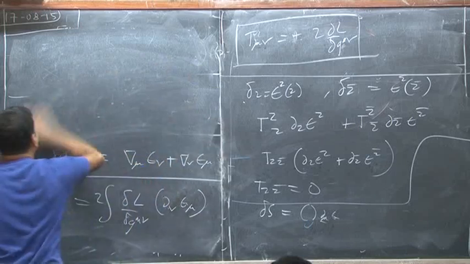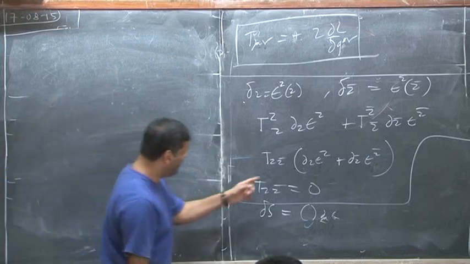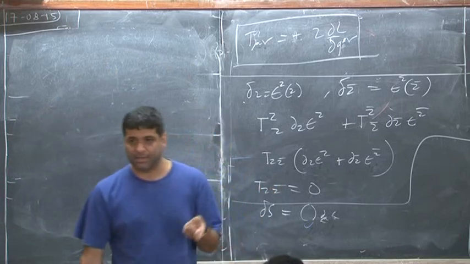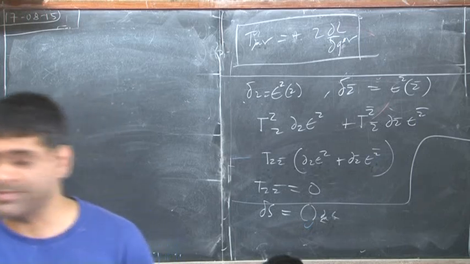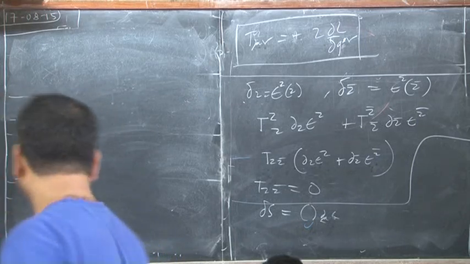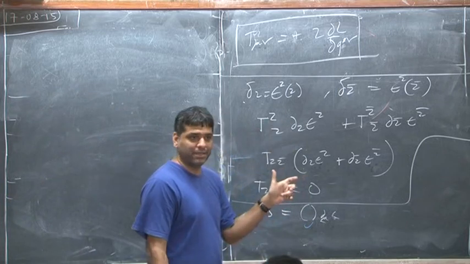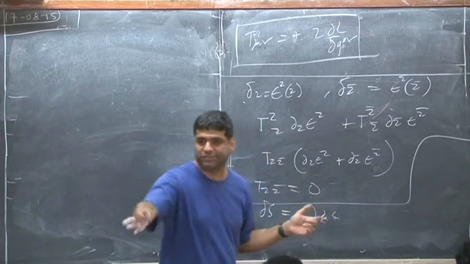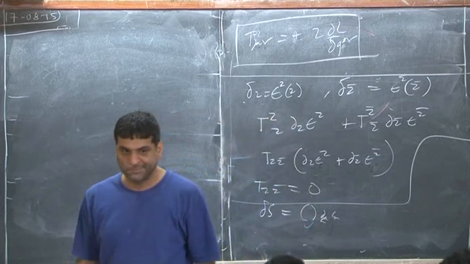Okay. So what we have seen is that T_{z\bar z} vanishing is both necessary as well as sufficient to ensure invariance under conformal transformations, because this one condition covers not just invariance under the scaling transformation, the special case that I talked about, but all of them are the same actually.